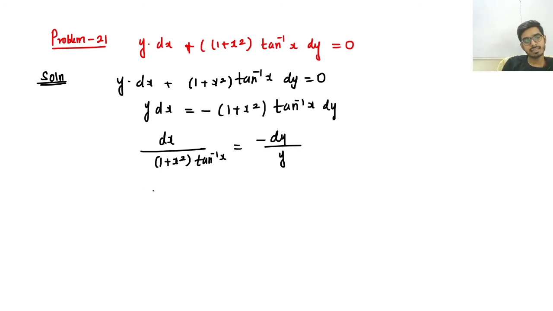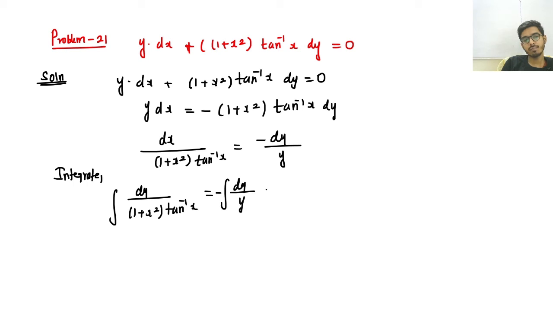Now if you integrate this, integration will give you the solution. So integral dx divided by 1 plus x square tan inverse x is equal to minus of integral dy by y. So we know that applying the formula, integral f dash of x by f of x is equal to log of f of x.